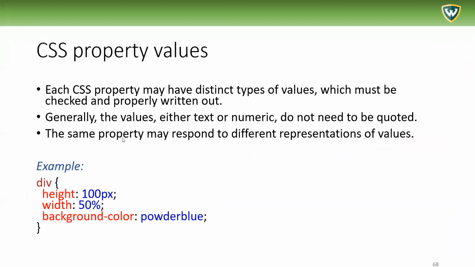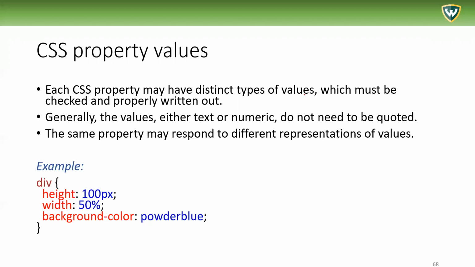CSS property values. Each CSS property may have distinct types of values which must be checked and properly written out. Generally, the values, either text or numeric, do not need to be quoted. The same property may respond to different representations of values. So this gets a little bit confusing, what you have to quote and what you don't have to quote.